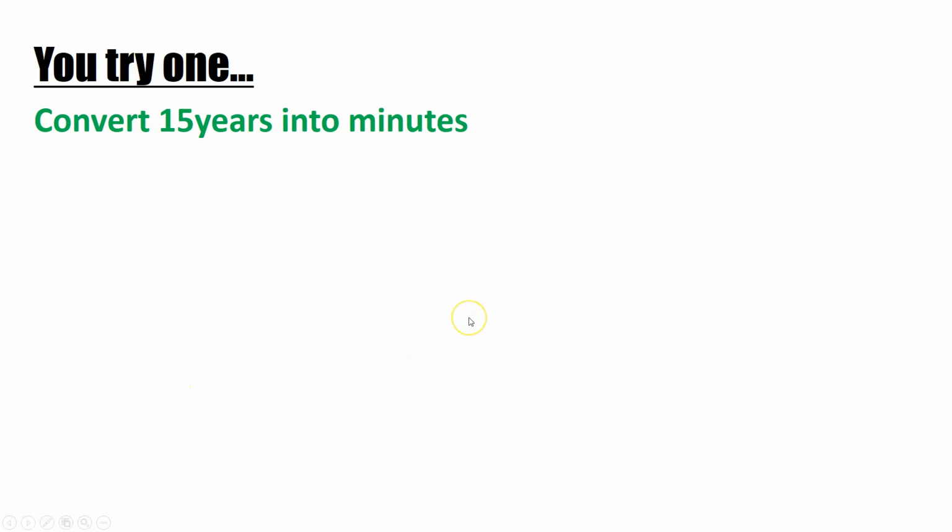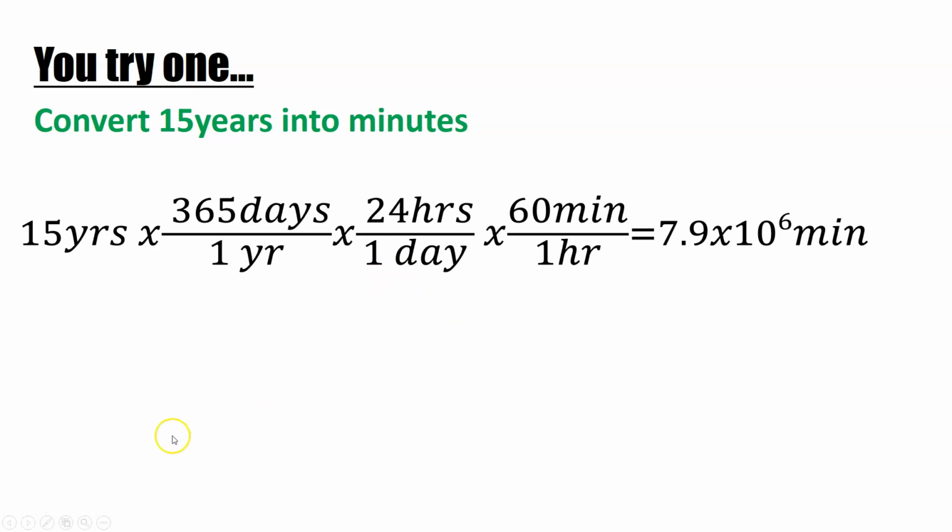All right, so for me, I think it's easiest to go from years to days, days to hours, and then hours to minutes. So the way I did this problem is I said, well, 15 years is my starting value. That's my known value.